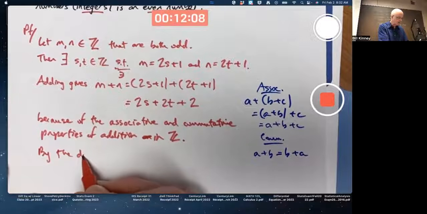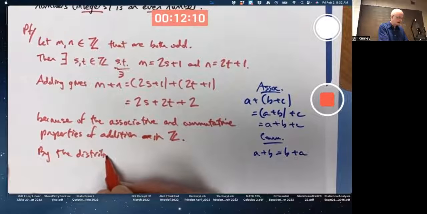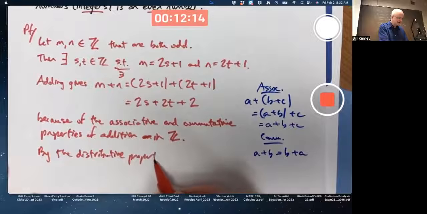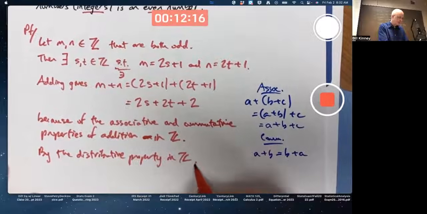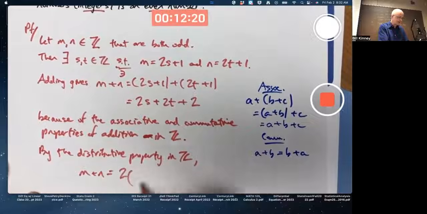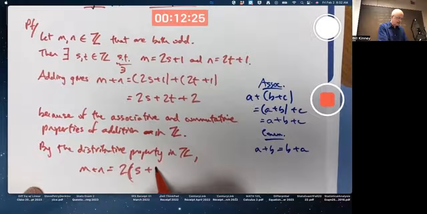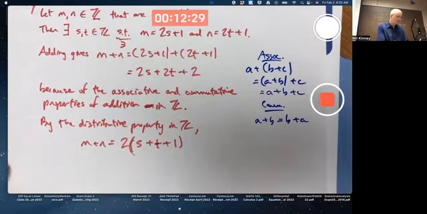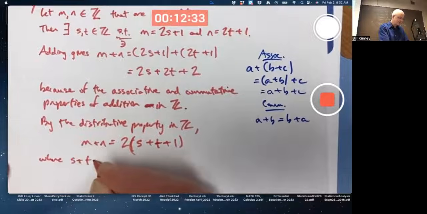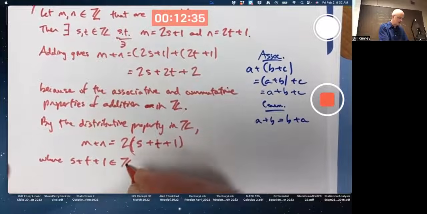By the distributive property in Z, m plus n equals 2 times (s plus t plus 1), where s plus t plus 1 is an integer.